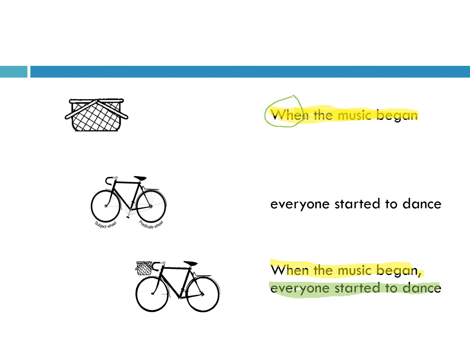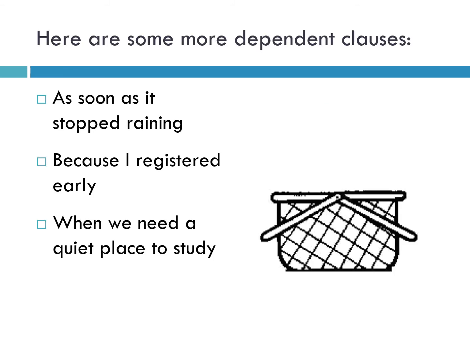Don't forget you can have everyone started to dance when the music began. When you move that dependent clause to the back of the bicycle, you don't need a comma. Here are some more dependent clauses: as soon as it stopped raining, because I registered early, when we need a quiet place to study. And again, all of these begin with subordinating conjunctions.